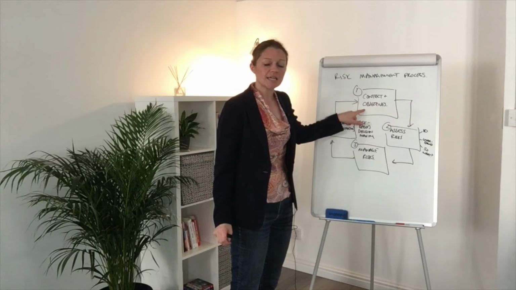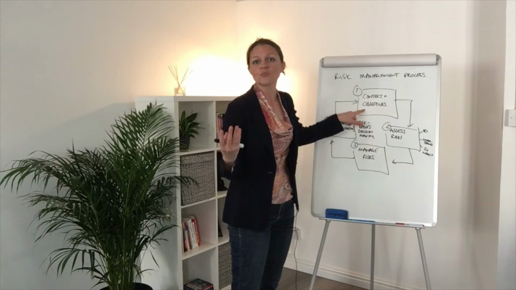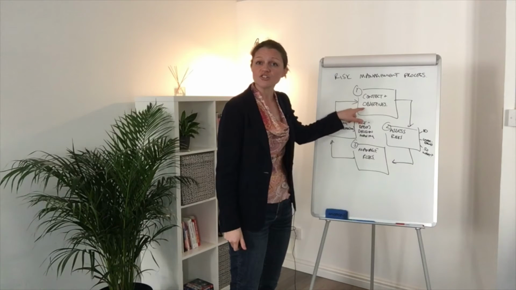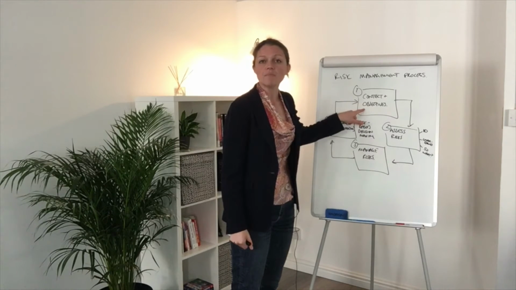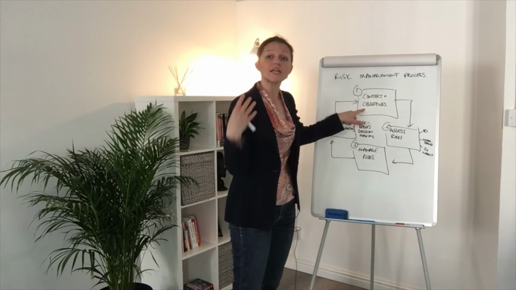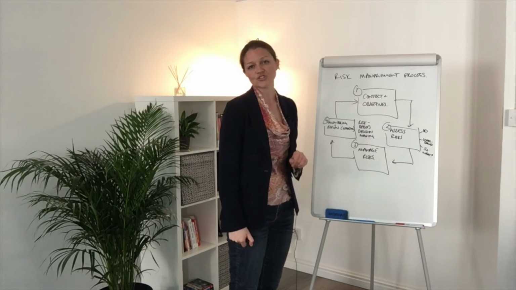Because what we're saying is that given the current context, given the risks that we face and our ability to manage them, we can't achieve those. So maybe we need to change those objectives and make them more achievable or more realistic in terms of what we're actually trying to do as an organisation.